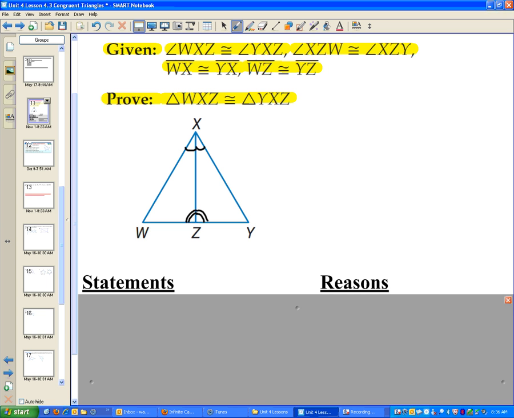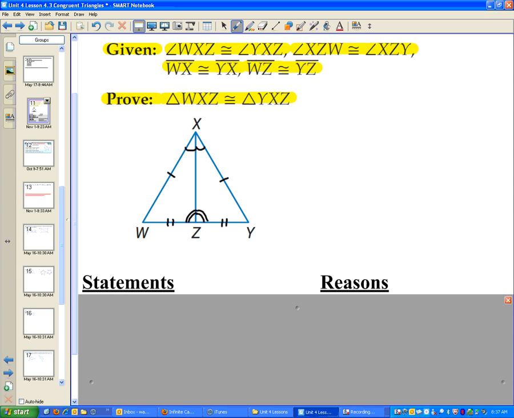This one. So that's another pair of congruent angles. Next, they tell me that segment WX, right here, is congruent to segment YX, right here. And segment WZ, down here, is congruent to segment YZ, here. So, I've got all the given information. I'm staring at it. I've got all the given information labeled on my figure.